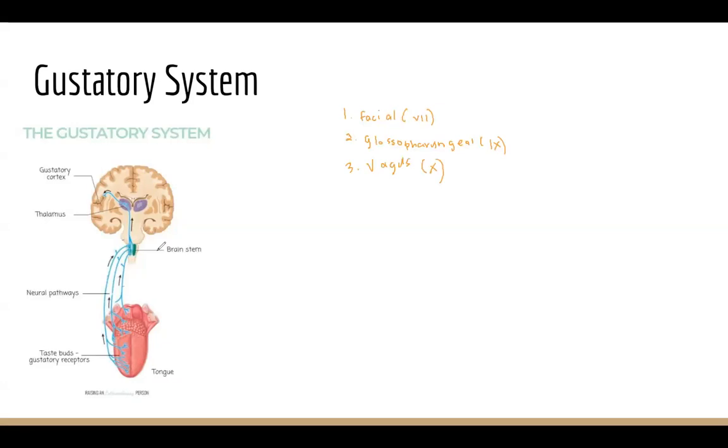So these are the 3 nerves that transmit sensory information to your thalamus, which is your switchboard, right? We went over this. It relays information to the right parts of the brain, right? And it relays it to your gustatory cortex, and actually it also relays it to the insula. Your gustatory cortex is the main area associated with taste.